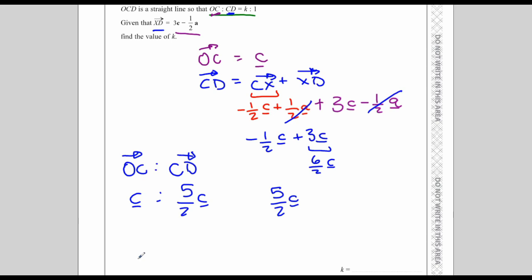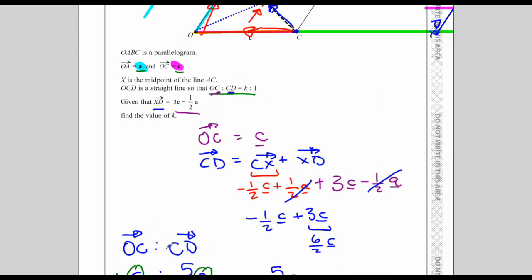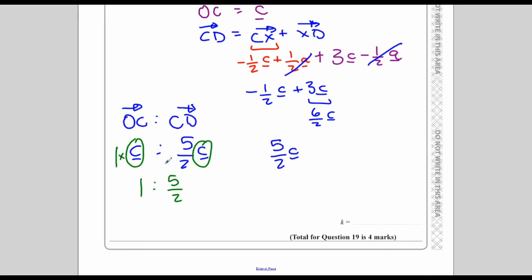C to D is C as a ratio to 5 over 2C. Now we can divide through by our vector, and you've got one of these here, to get 1 to 5 over 2. And we want something to 1, okay? K to 1. So we need to change these. Now 5 over 2 is 2.5, or can be reversed by doing times 2 over 5.